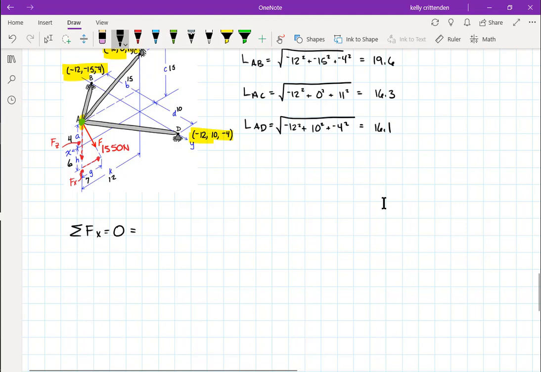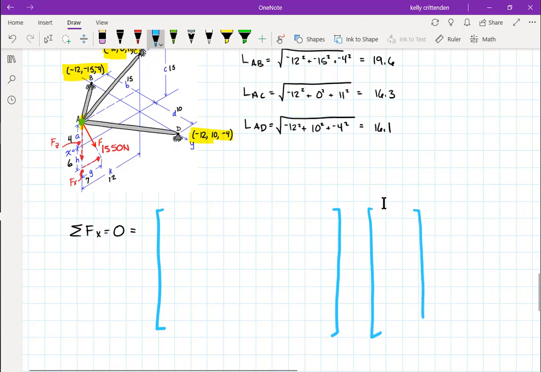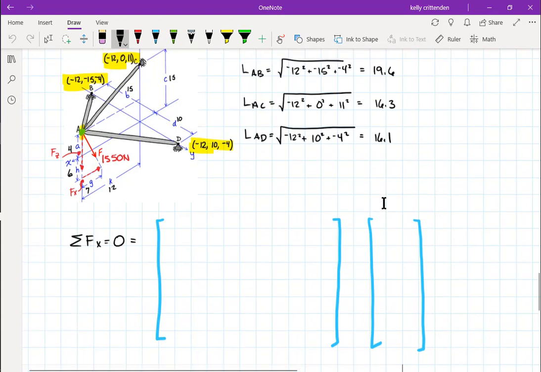All right. This first row here, I'm trying to make basically a 3 by 3 matrix, and then a matrix here with the constants in it. What would be in this first spot is the coefficient that goes with strut AB. We'll just do AB first.